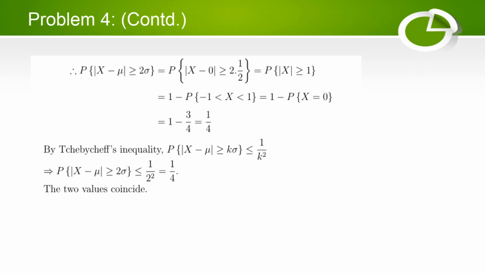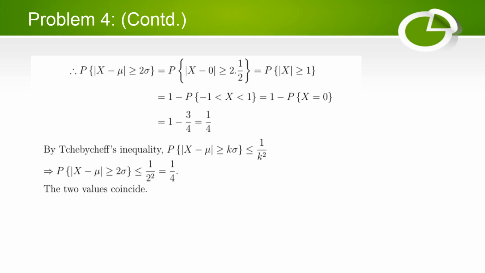Therefore P(|X − μ| ≥ 2σ) = P(|X − 0| ≥ 2 × 1/2) = P(|X| ≥ 1) = 1 − P(−1 < X < 1) = 1 − P(X = 0) = 1 − 3/4 = 1/4.